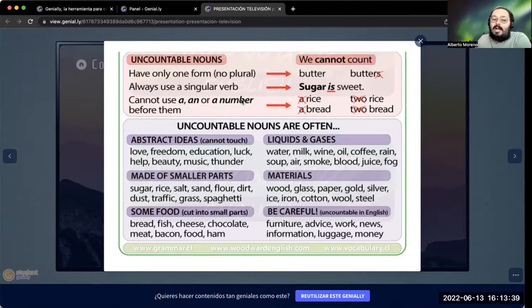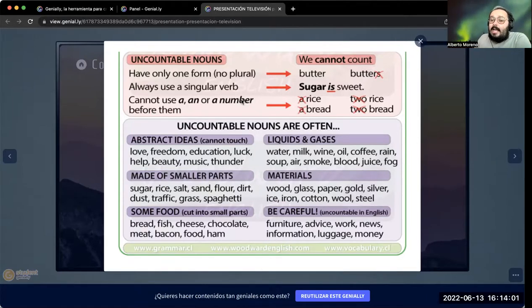Algunos tipos de comida como el pan, el pescado, el queso, chocolate. ¿Por qué? Porque para todos estos necesitamos una unidad de medida que son rebanadas, kilos, piezas. También hablamos de líquidos y gases, de materiales, como por ejemplo la madera, el vidrio, el papel, etcétera.